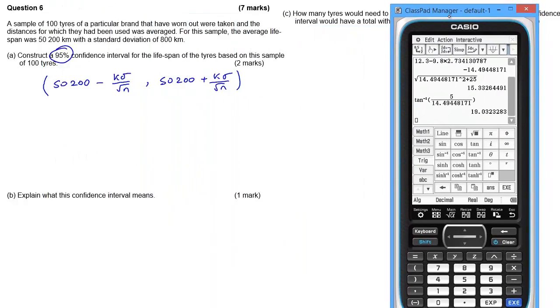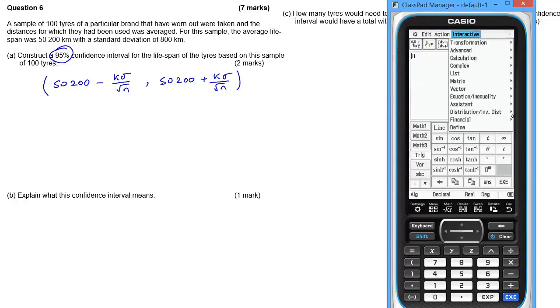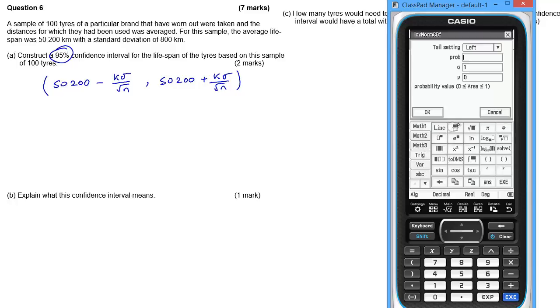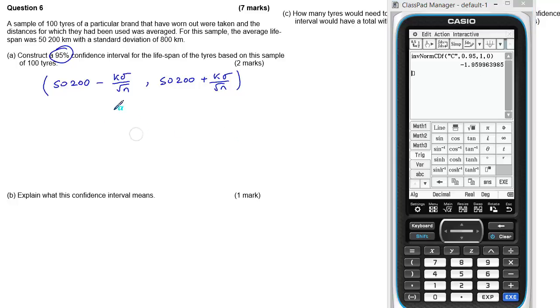So getting the correct value of K is a case of using the inverse normal, going for the centre and going for 0.95. Don't change these parameters because we want the standard normal. So it's going to be negative 1.96. So we're going to use 1.96.